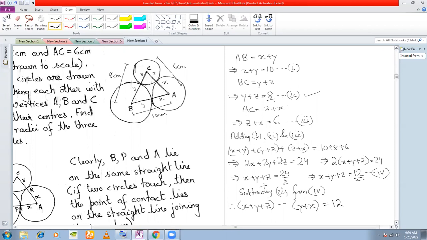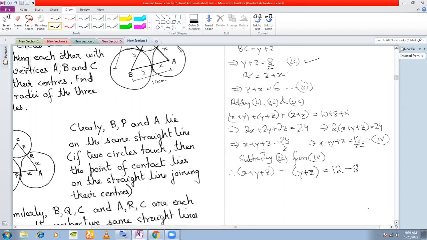And what is the right hand side here? 8. So now if you see, x plus y plus z minus y minus z is equal to 4. So how much are we getting the value of x? 4 centimeters. This is the way you will solve for y and z also.